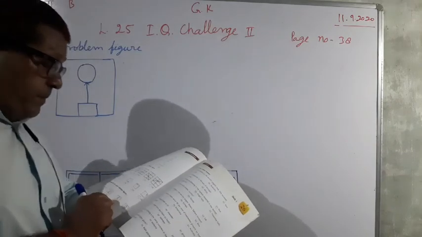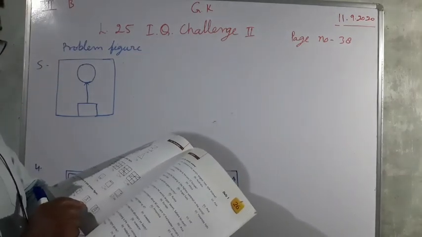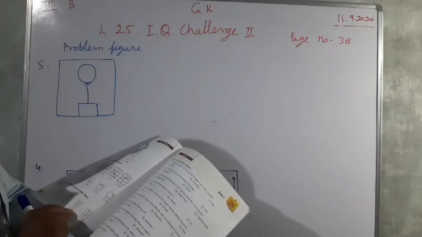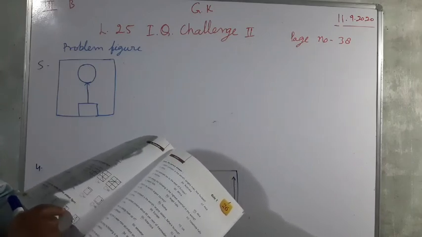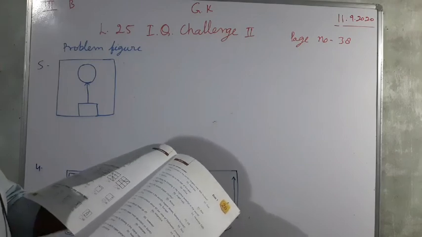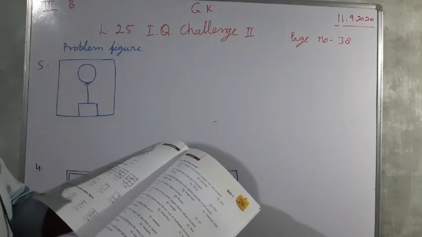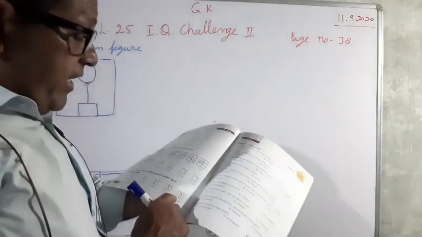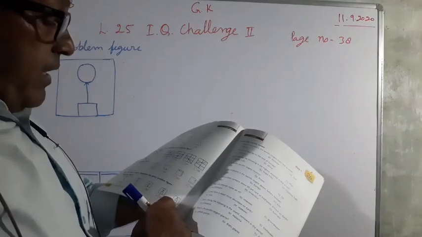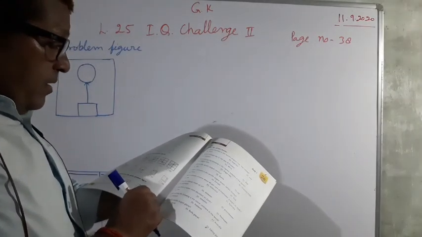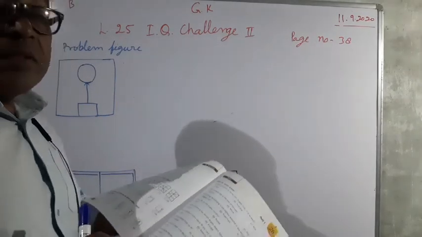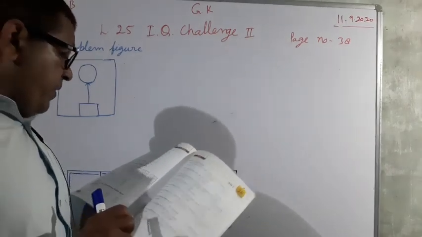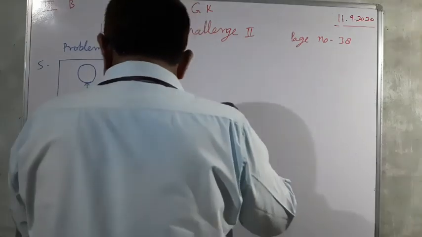And here C, you see C is similar to the problem figure, as the circle is kept at the tip of the arrow. And here D, you see that the ball is found just at the base of the square. So in this way C is the correct answer.